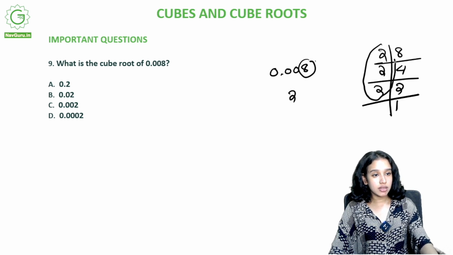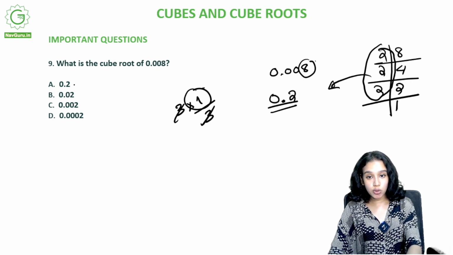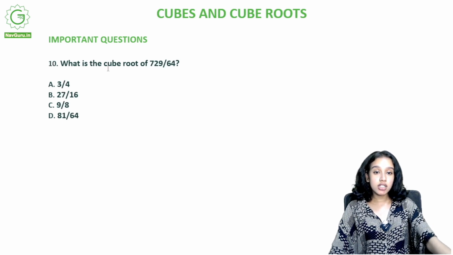So we get 2. And for the decimal point, we have 3 decimal places here and we take 1/3 of it and we get 1 decimal place. So we put 1 decimal point here. So it's 0.2.